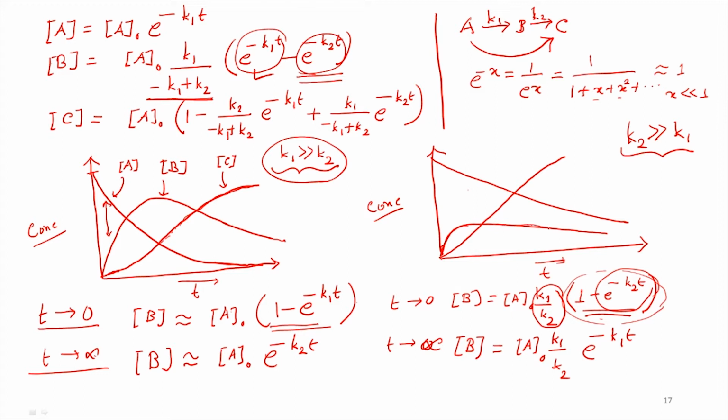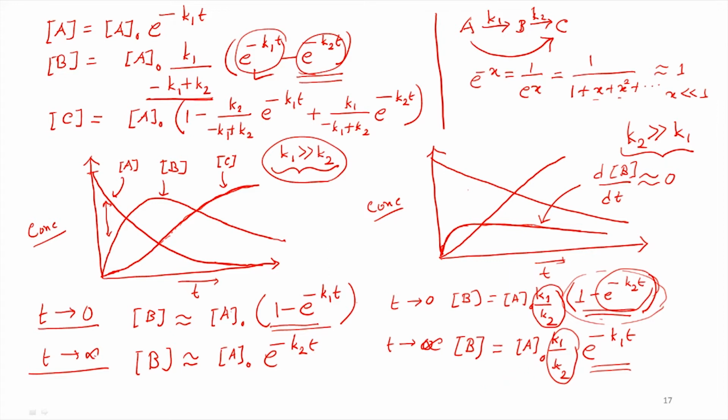And in the very long limit, you can see I have a very small factor which is always there, K1 by K2, and then I have e to the power minus K1t. But K1 is a very small number, so the decay will also be very slow. So under this condition, we can say that the intermediate concentration is varying in such a way that it is almost 0, which means the intermediate is not varying over time.